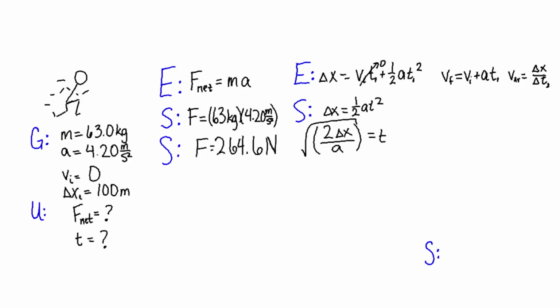So then we plug it in. 2. Remember that your delta x in this part is 20, divided by the acceleration. Take the square root of that, put it into your calculator, and you get that his time for that first 20 is 3.08 seconds.